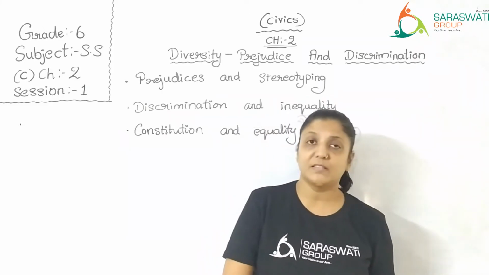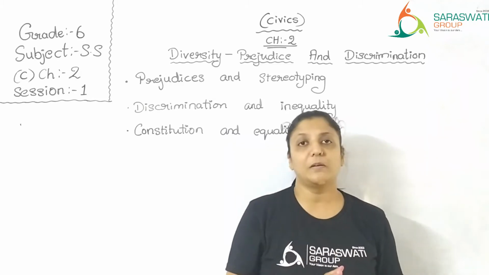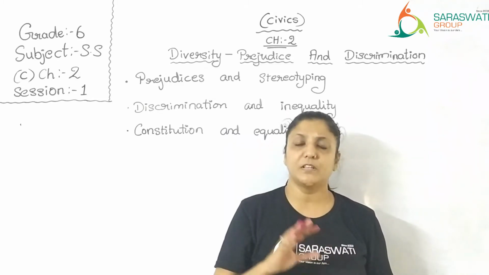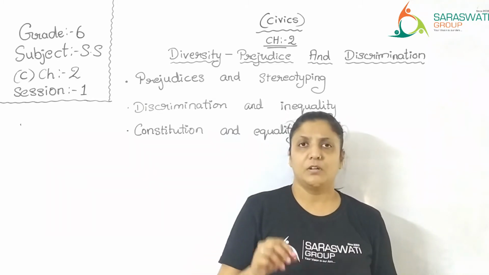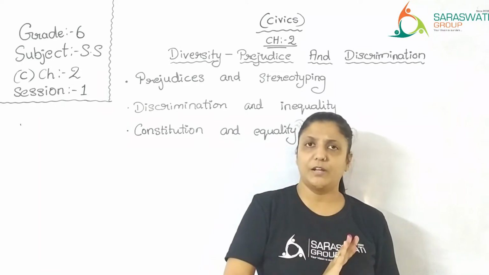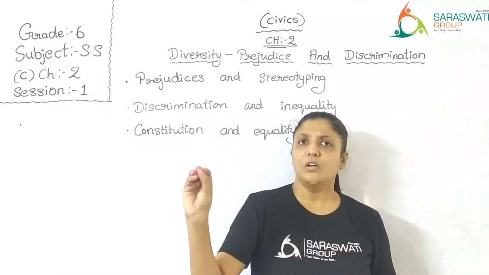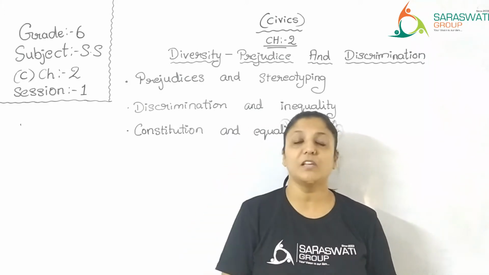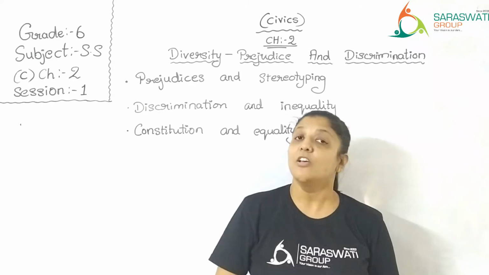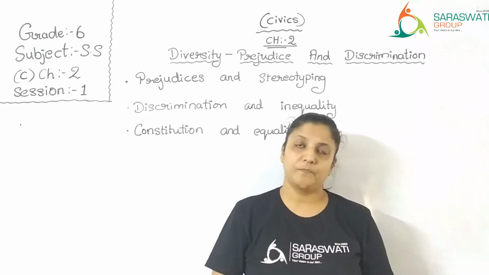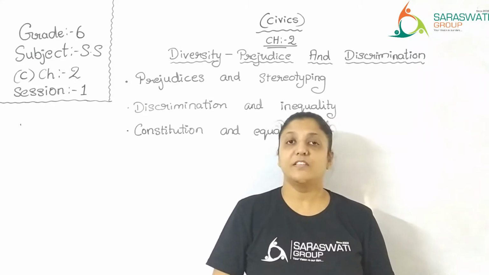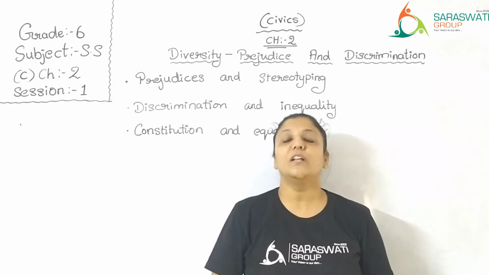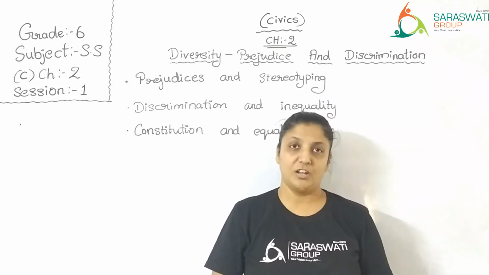Prejudiced thinking means before talking to that person, before knowing that person, you start judging them. This person looks so arrogant. This person looks so selfish. That is prejudiced thinking. You already have some thinking in your mind regarding that person without knowing him or her. That is prejudice. And this prejudiced thinking will give rise to discrimination.